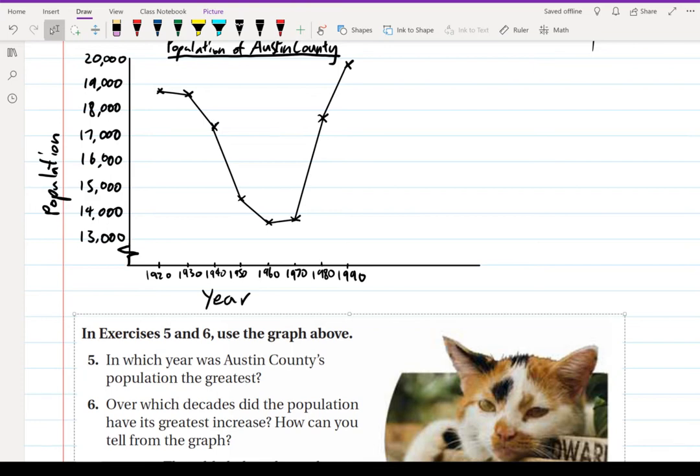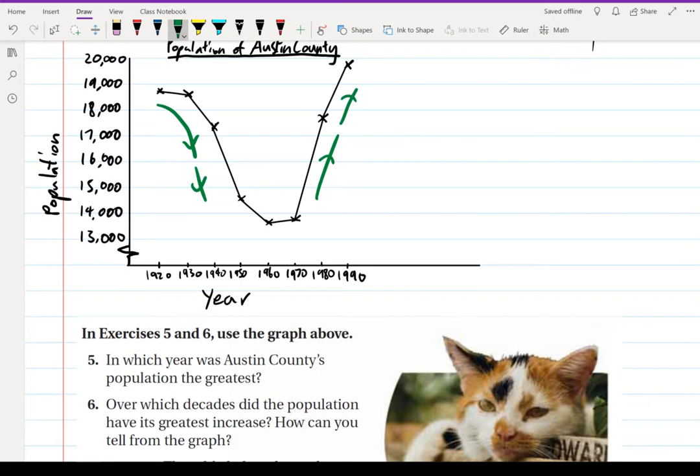Okay, so we can already see there's some sort of trend that it's decreasing here. It's decreasing, and then it's rising again, and it reaches its greatest point up here. So in which year was Austin County's population greatest? That's 1990.